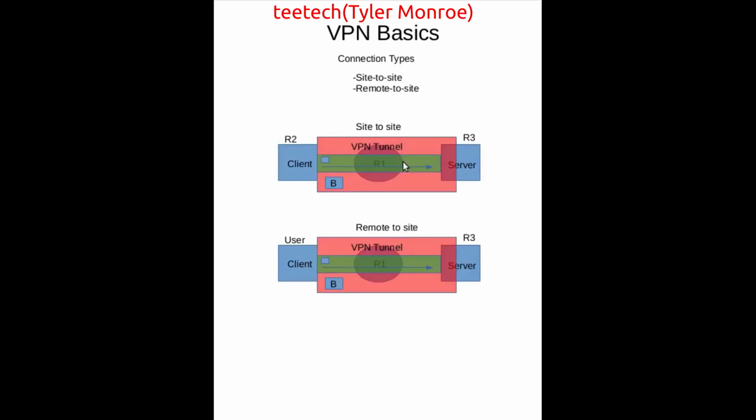All right, lastly is the types of connections with VPNs. So you'll be able to understand most of what this is very similar to what we just talked about. But the idea is you can have site-to-site VPNs or remote-to-site. Now, with site-to-site, that is actually connecting two networks. So two network firewalls or routers, etc., together.